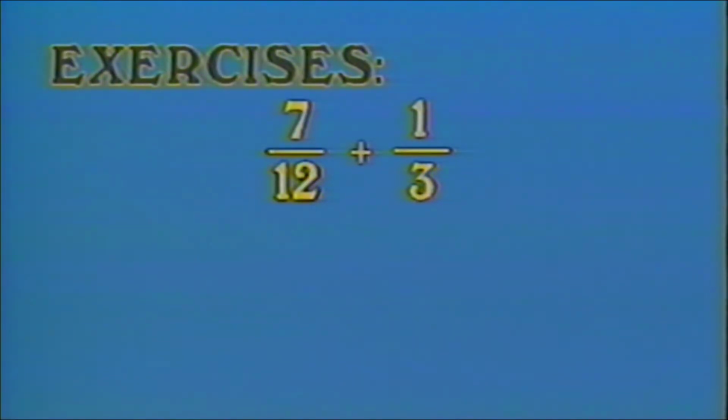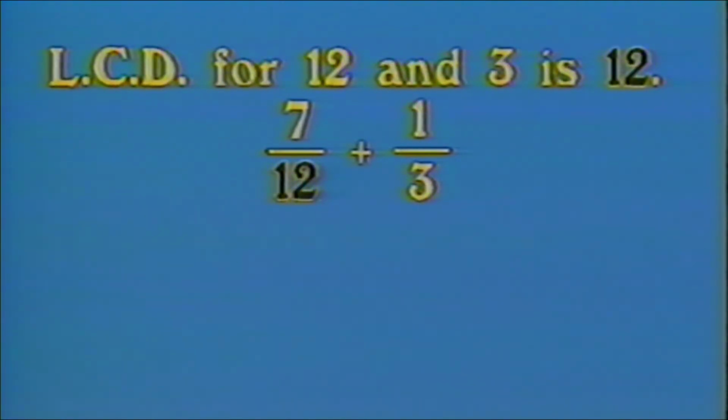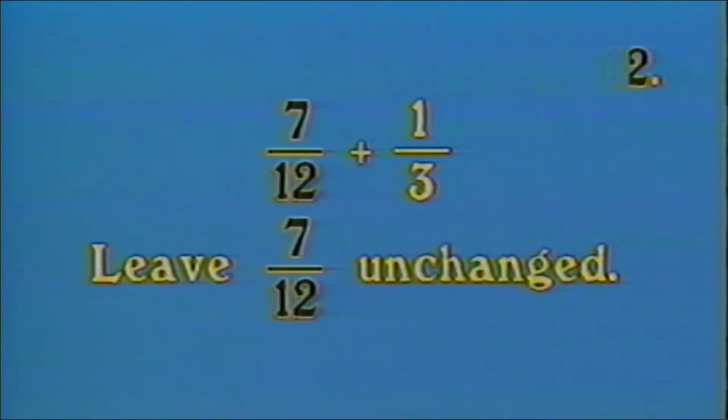Do you recognize this problem? 7/12 plus 1/3. Where have I seen that problem before? Let's see. The LCD for this problem is 12. That's the smallest number divisible by both 12 and 3. We leave the fraction 7/12 unchanged.